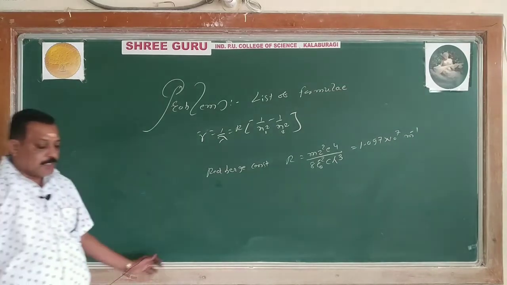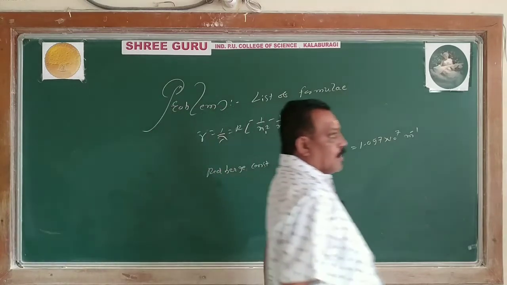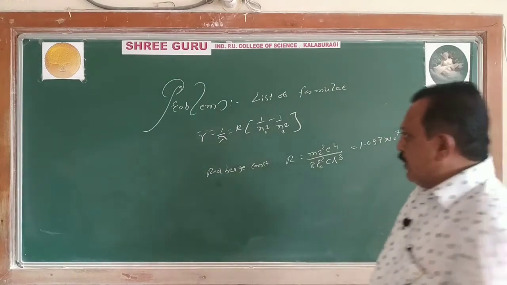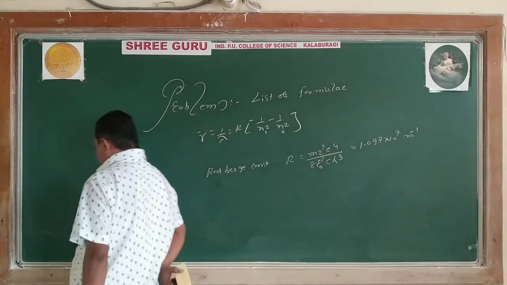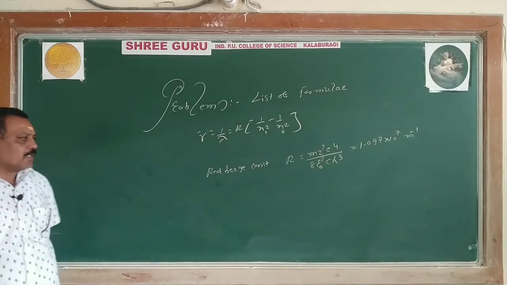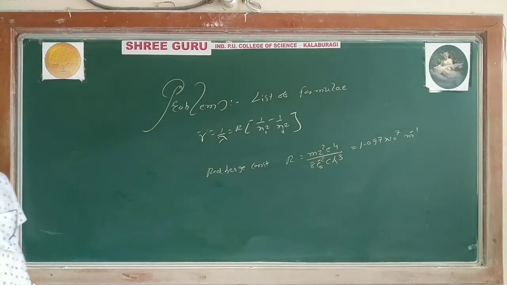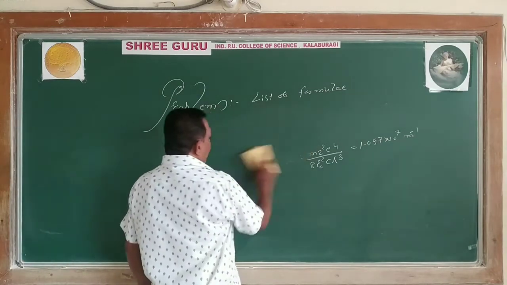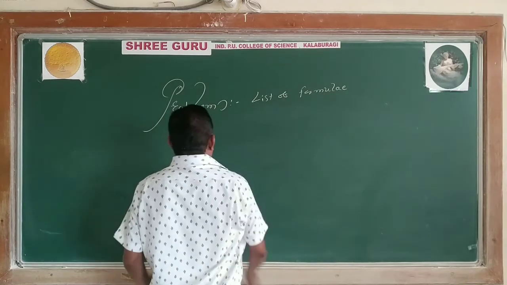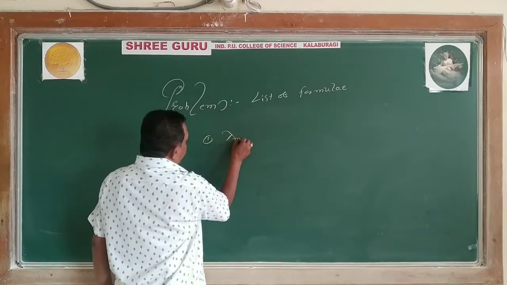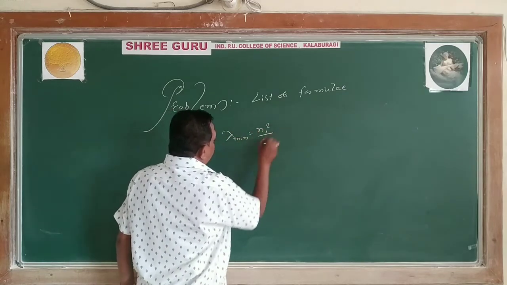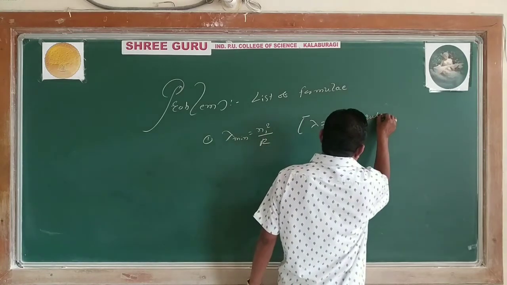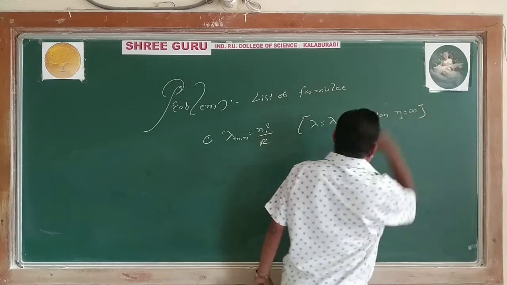Then we can calculate the series limit. That is nothing but n2 equals to infinity, minimum wavelength. Then maximum wavelength. I go for minimum wavelength. Lambda minimum equals n1 square by R, because lambda equals lambda minimum when n2 equals infinity.